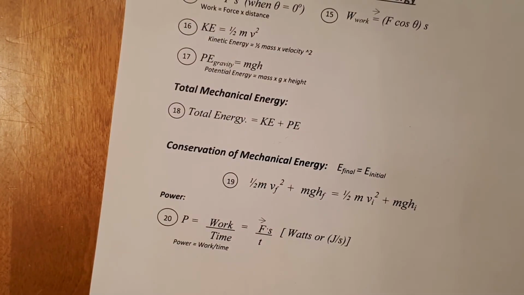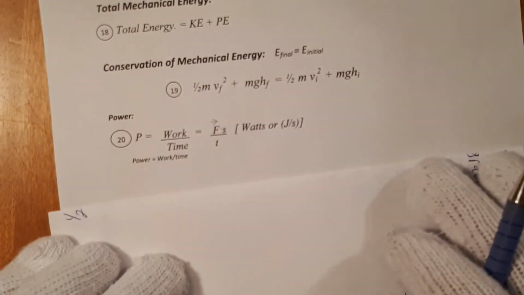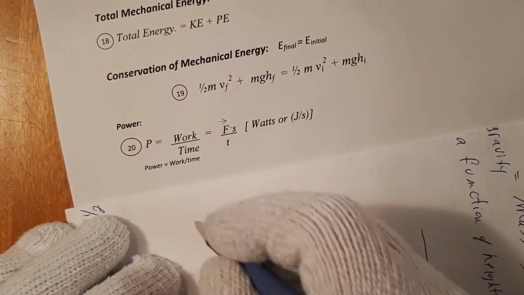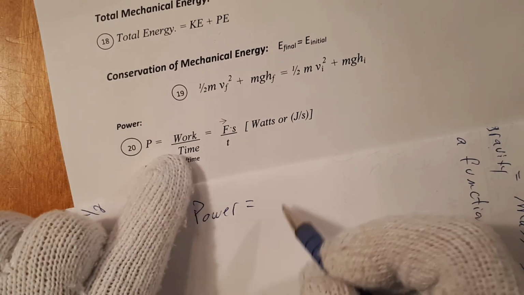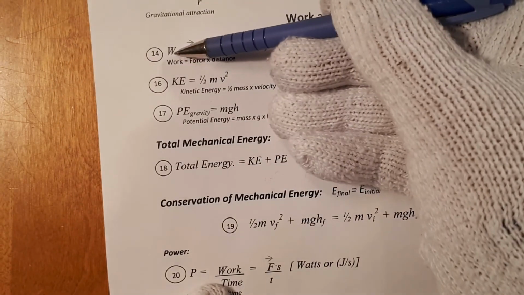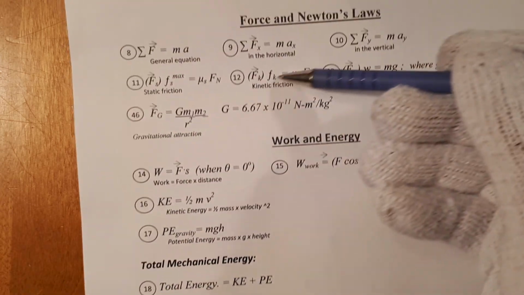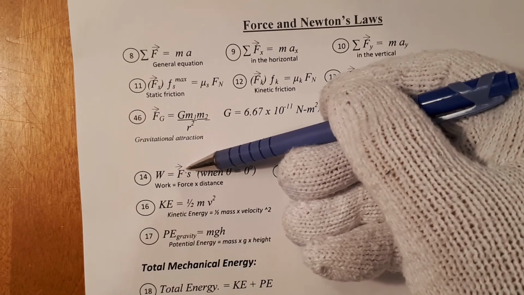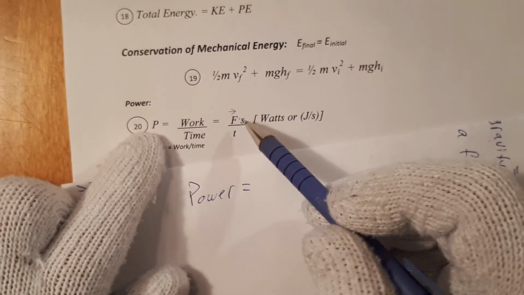Going back to our equation, power is work, and work, as I said, is here, and it's F times S, and that F, that force, all of these forces can be substituted into here, and then that work can be substituted into here, giving us power for a variety of different methods.